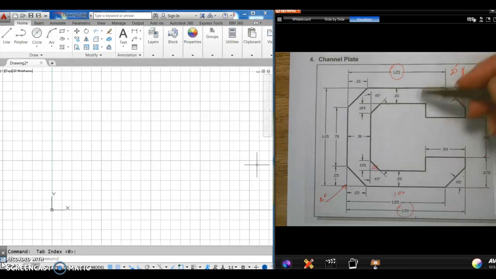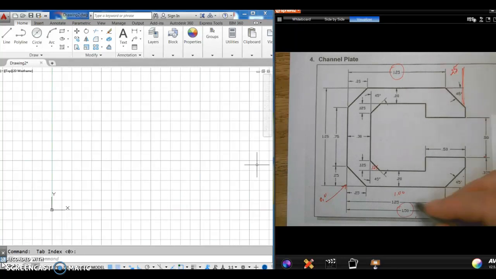This piece is symmetrical top to bottom, so this is all, there we go, I didn't even pay attention to that. So that's also 1.25, so that means that this dimension is 0.25. In the up direction, that's 0.225. They give us the overall as 0.375, so we can figure out that distance as well.